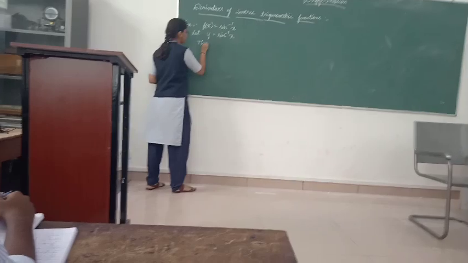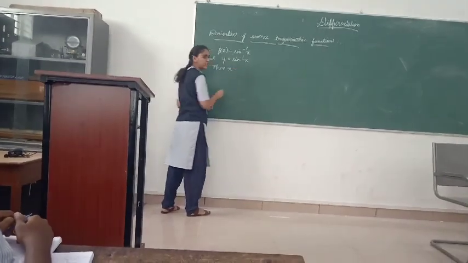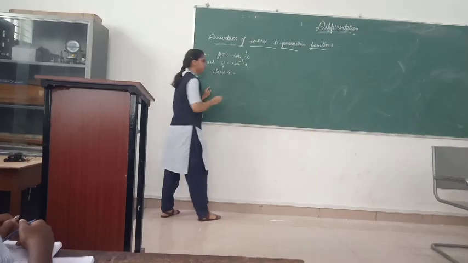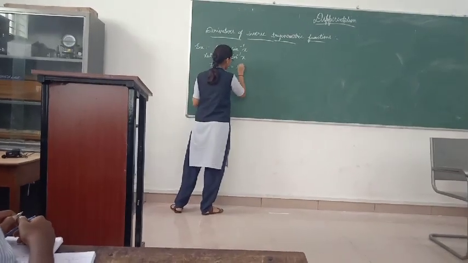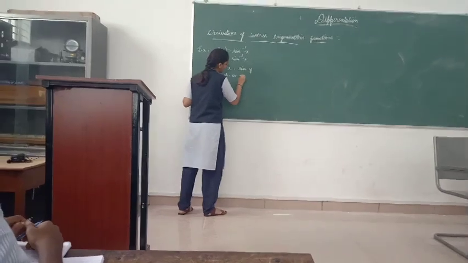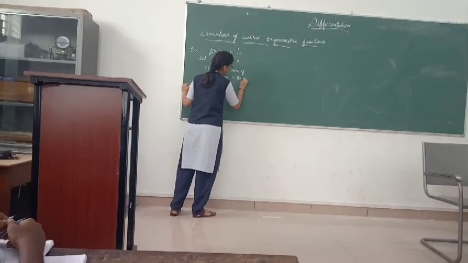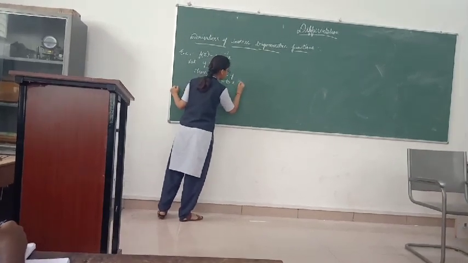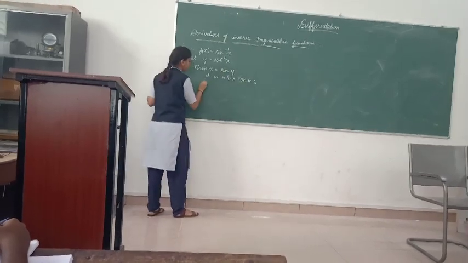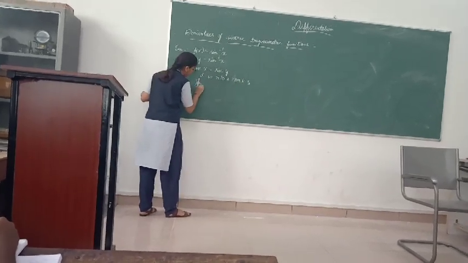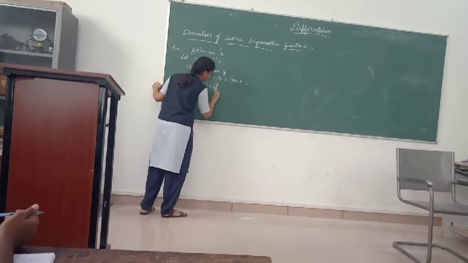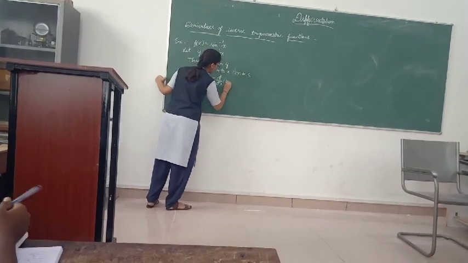Then x is equal to sin y. So on differentiating with respect to x on both sides, we will get differentiation of x is equal to differentiation of sin y.